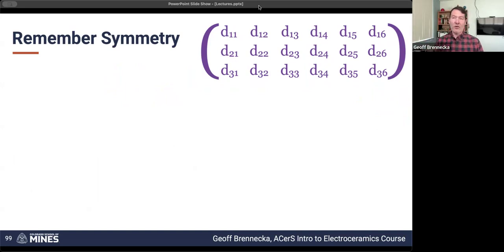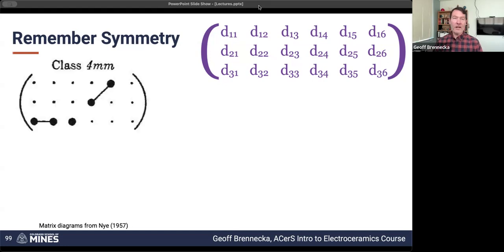If we had a crystal that had absolutely no symmetry at all, this is what it would look like. And we would have, or we could have, unique values for each one of these. So we've got 18 different possible coefficients for the piezoelectric response for an arbitrary crystal.